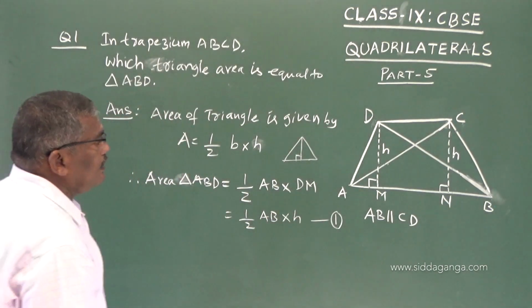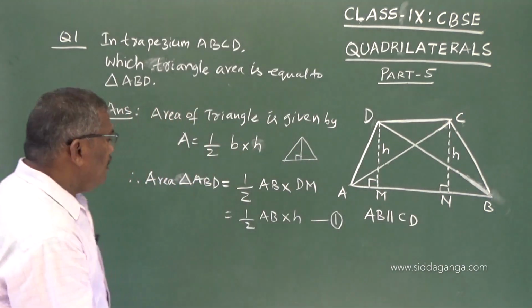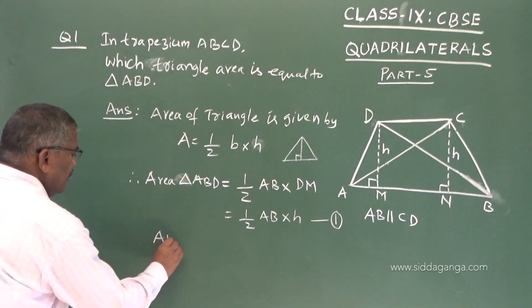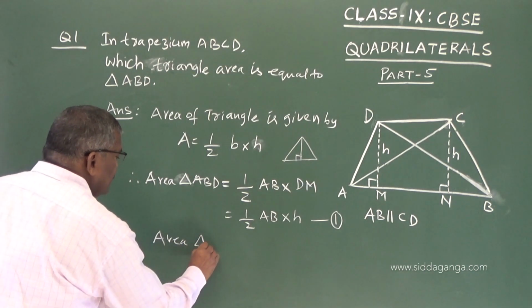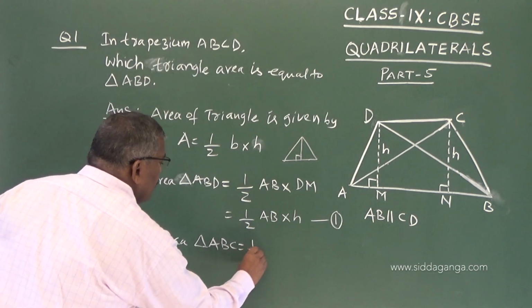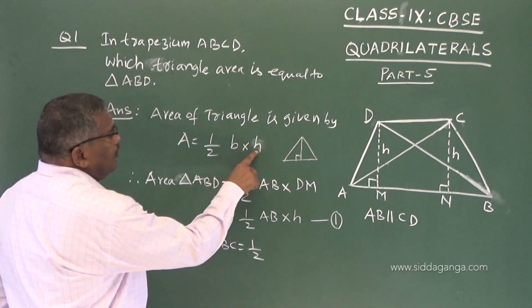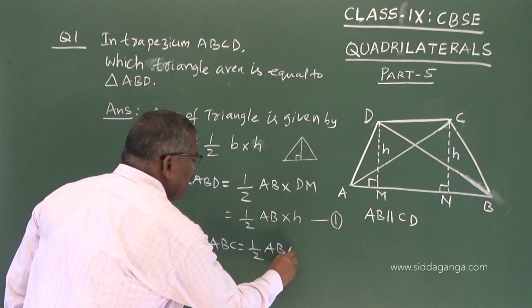Now you calculate the area of triangle ABC. Area of triangle ABC is equal to half of base into height. Base is AB into height.